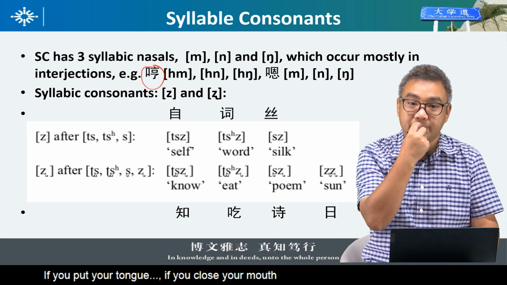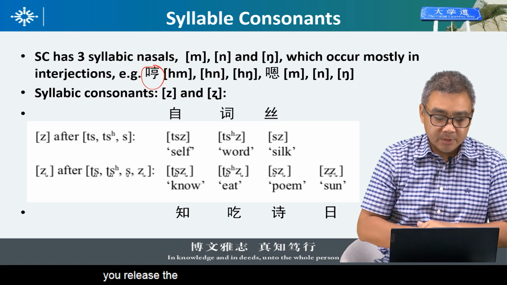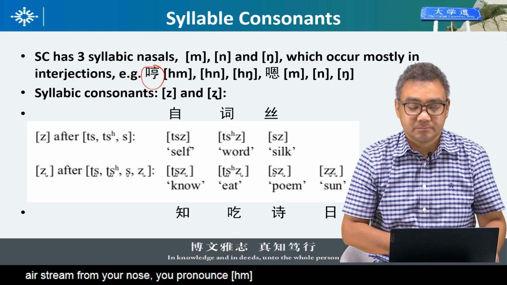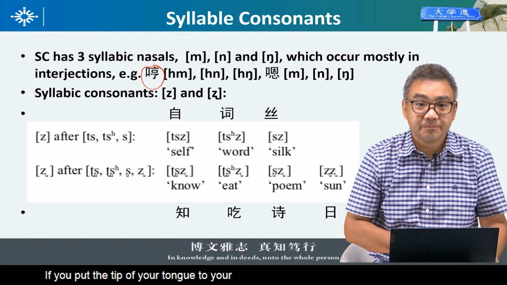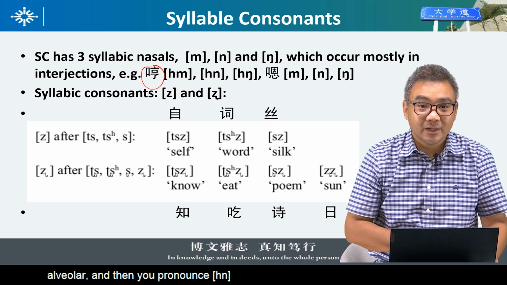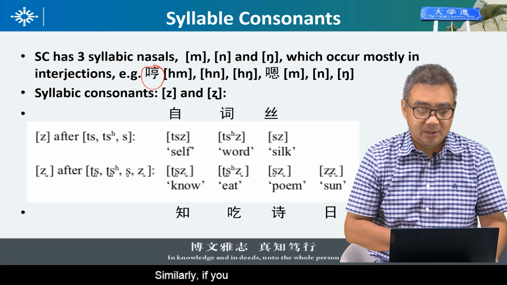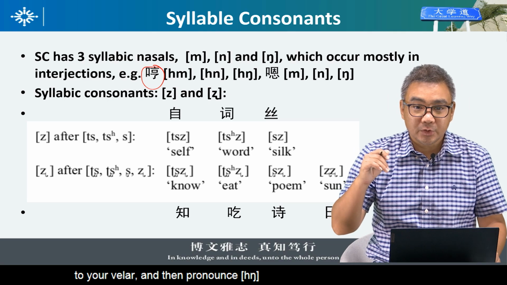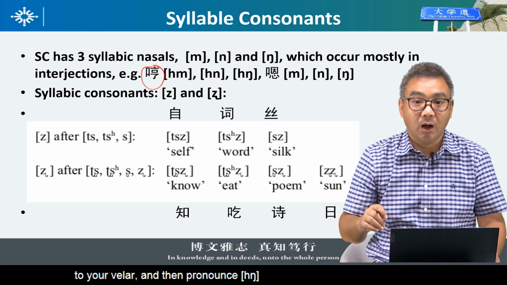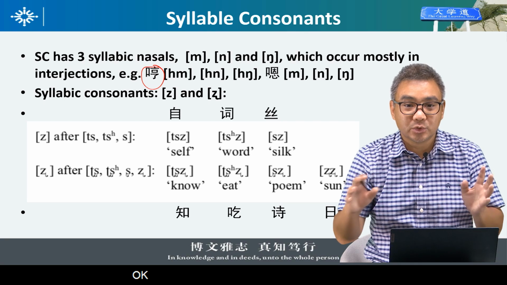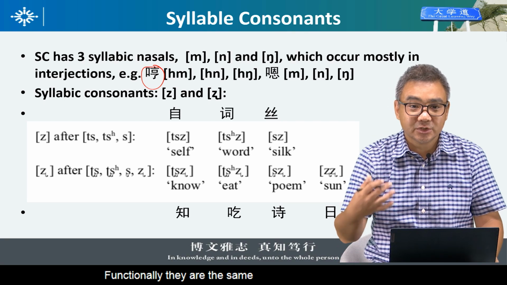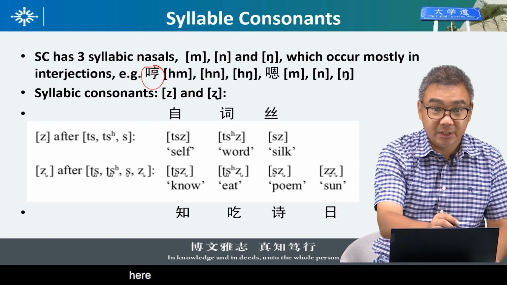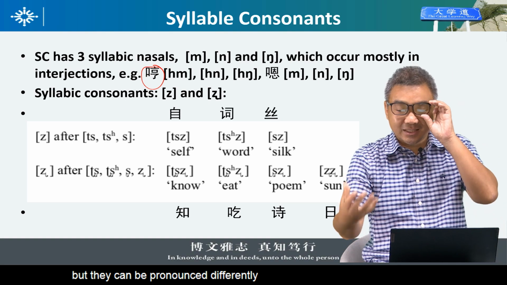If you close your mouth only, and then you release the airstream from your nose, you pronounce one. If you put the tip of your tongue to your alveoli, you pronounce another. Similarly, if you retract your tongue to your velum, you pronounce a third. They do not distinguish different meaning. Functionally, they are the same. They can all be represented by the character hung here, but they can be pronounced differently.